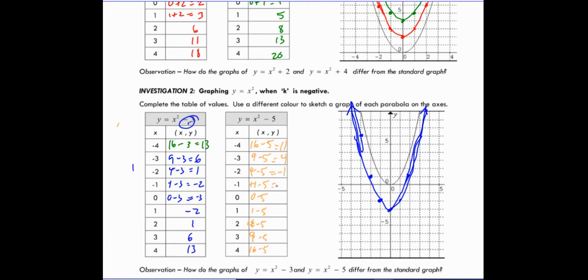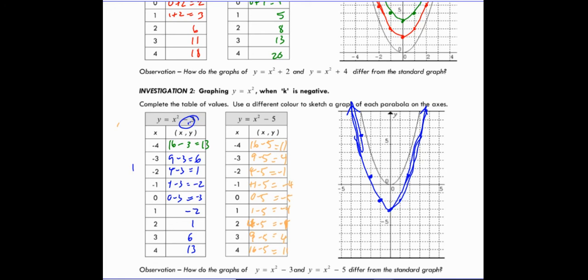Negative 1. Negative 4. Negative 5. And then repeat. Negative 4. Negative 5. 4. We missed 1 somewhere. Sorry, negative 1, because that's a 4. I guess I had it written messy. And negative 11.